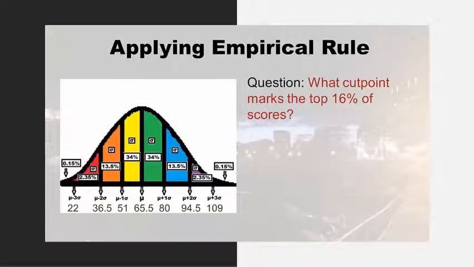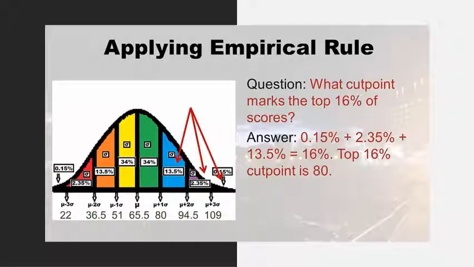Another question you could get asked might be: what cut point marks the top 16% of the scores? That would mean the top 16% of all the student scores on the test. Of course, you're going to be looking in this section, and you want the top 16%.